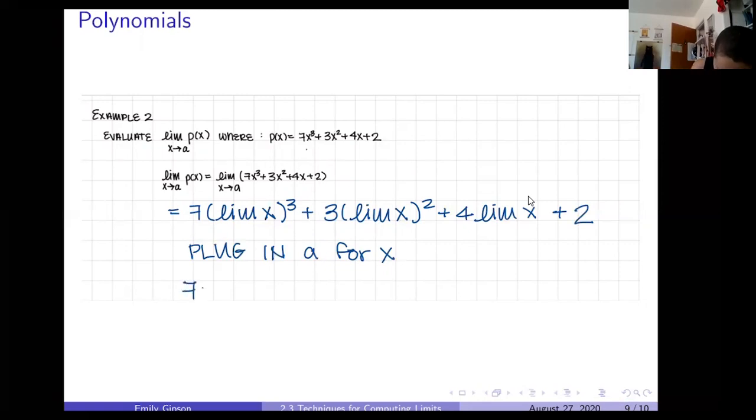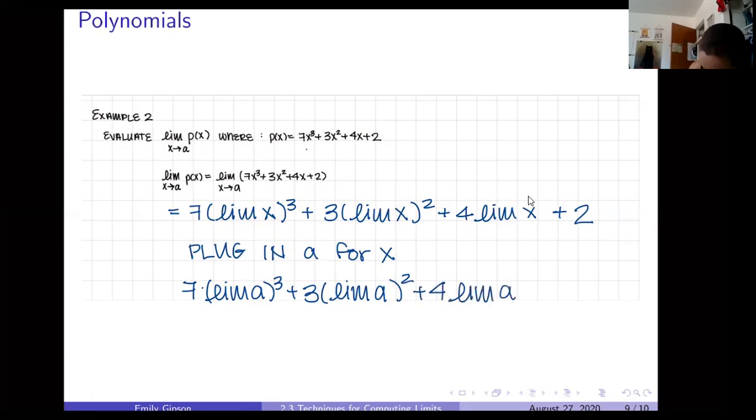So we get 7 times a cubed plus 3 times a squared plus 4 times a plus 2. Because this is a polynomial, the limit as x approaches a, all we do is plug in. So we're left with 7a cubed plus 3a squared plus 4a plus 2. And that's our final answer.